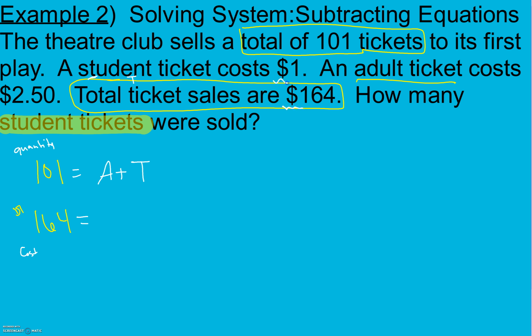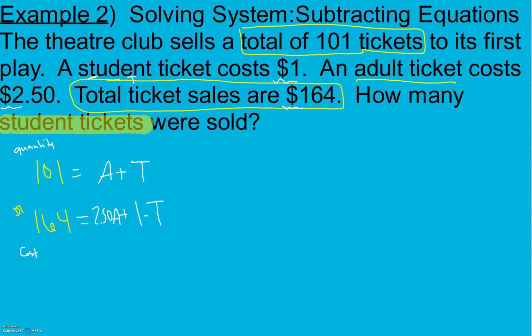Student ticket costs $1. So to find the total cost, we take price, $1, times the number of tickets, which is T. For adult tickets, they cost $2.50, so we're going to take our cost times the number of adult tickets, A.